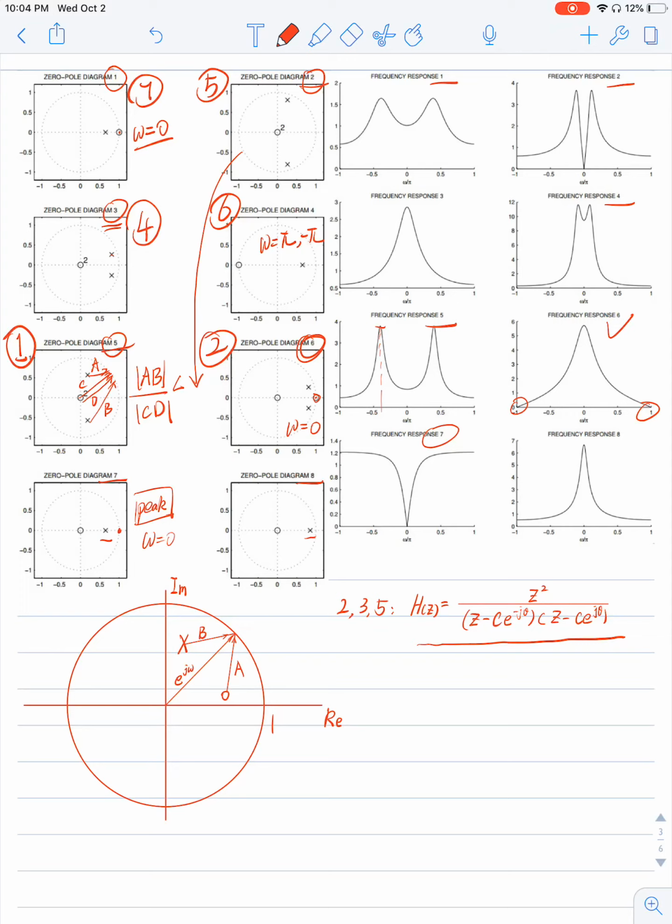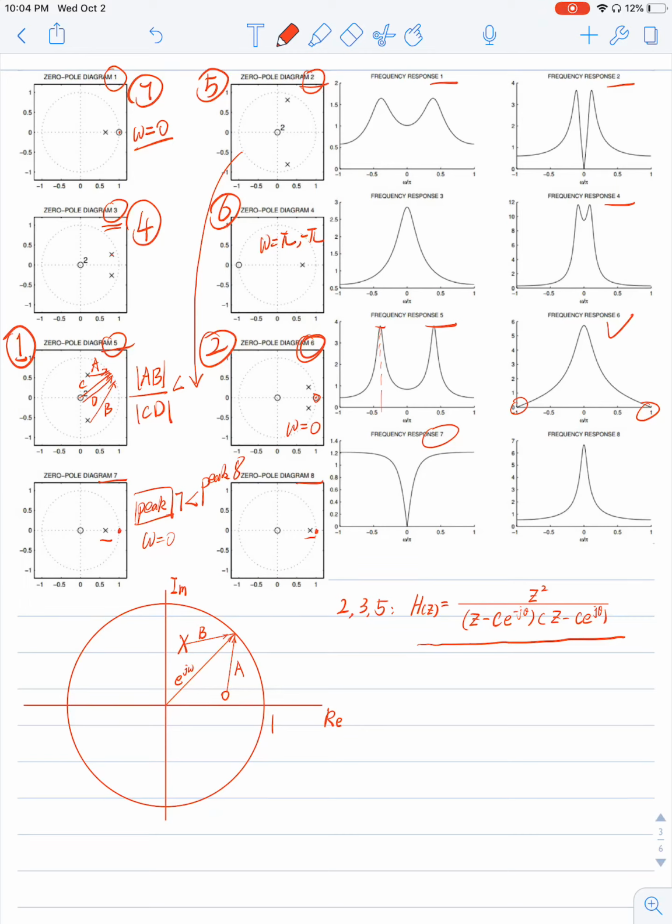And we can get that the peak magnitude of diagram 7 is less than the peak magnitude of diagram 8.